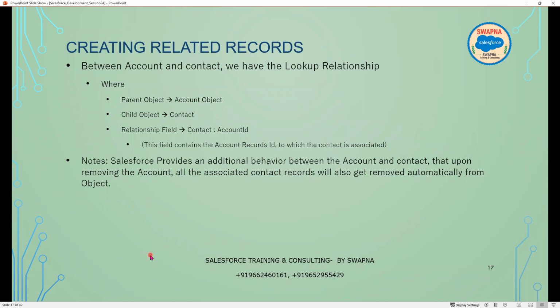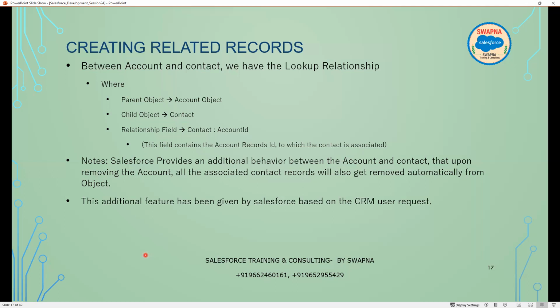So Salesforce is providing an additional behavior between the account and contact. What is that additional behavior? Whenever we remove the account record, all the associated contact records, all the child records, will be removed automatically, which is the additional feature. This is provided by Salesforce based on the CRM users' request.